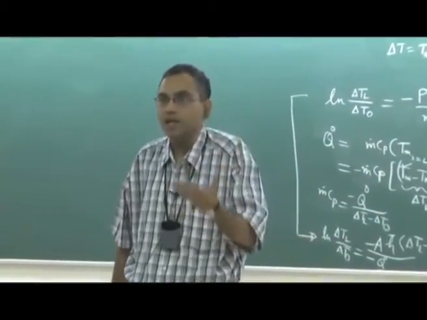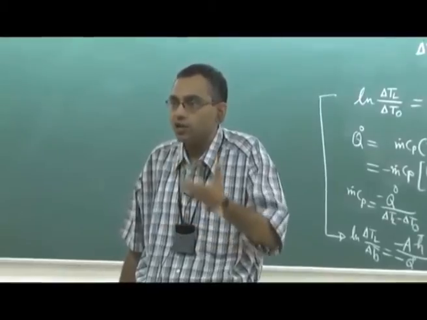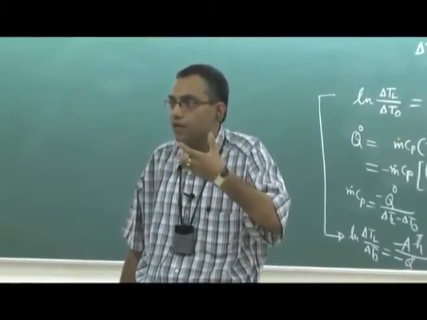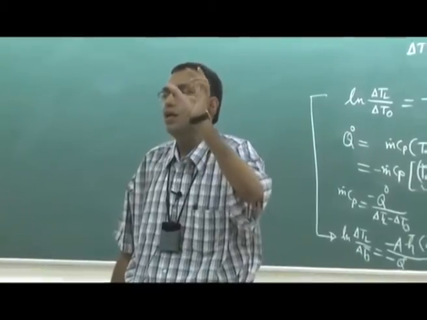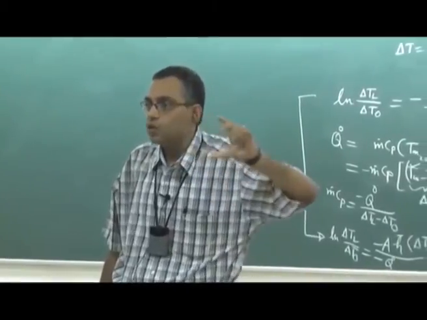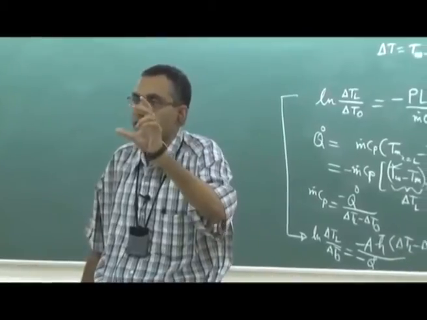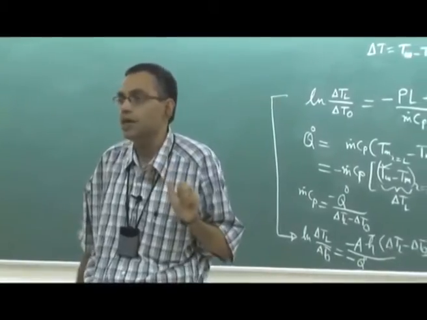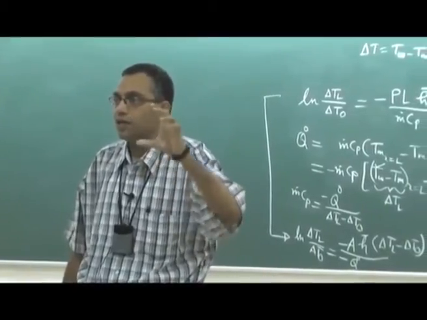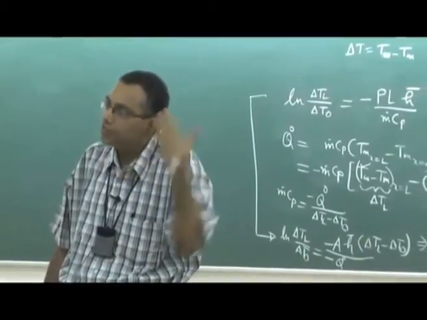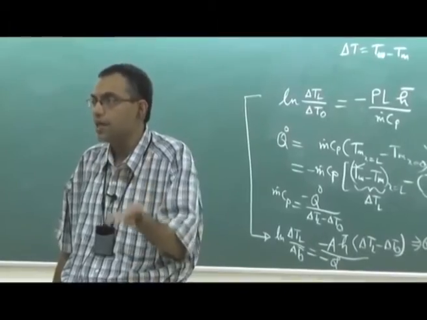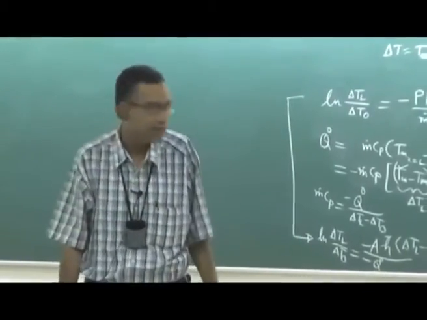From physical understanding we understand that the logarithmic mean temperature difference is the effective average temperature difference between the two fluids. If the two fluid temperatures are continuously varying, you have to judiciously use that formula, but if the temperature difference itself is a constant, then the logarithmic mean temperature difference will be that constant itself, because it is the equivalent temperature difference.